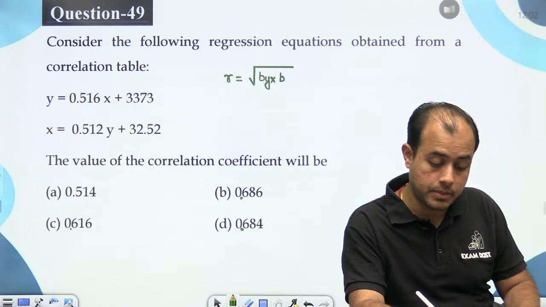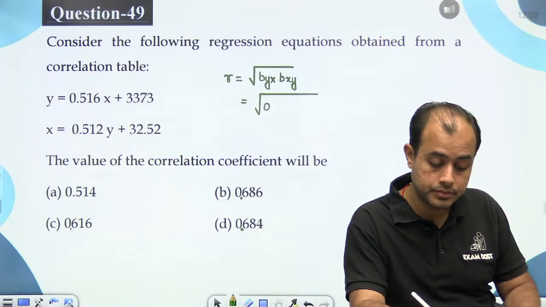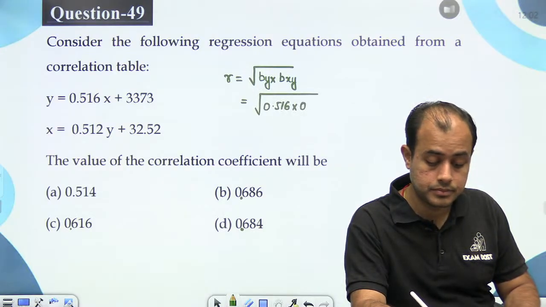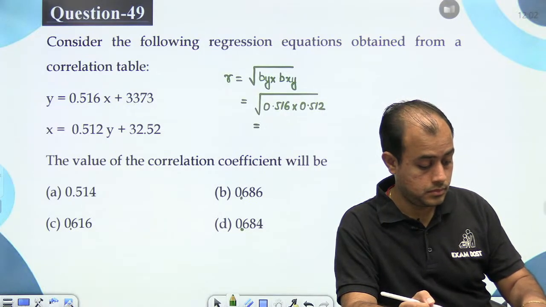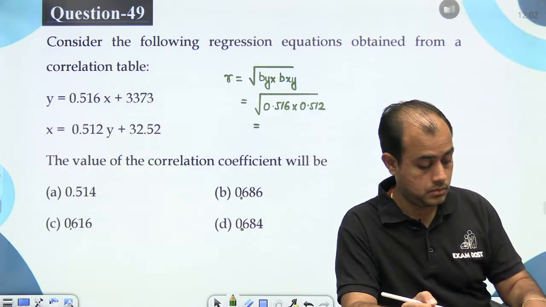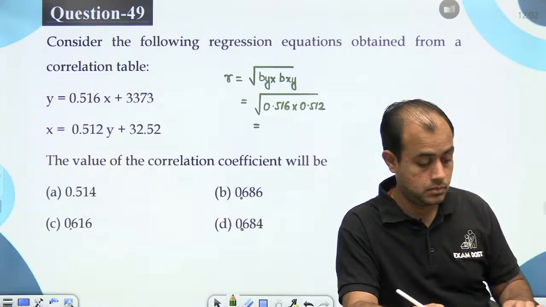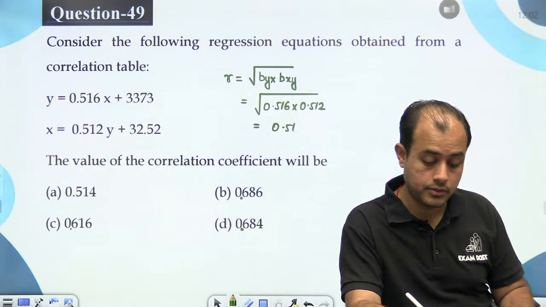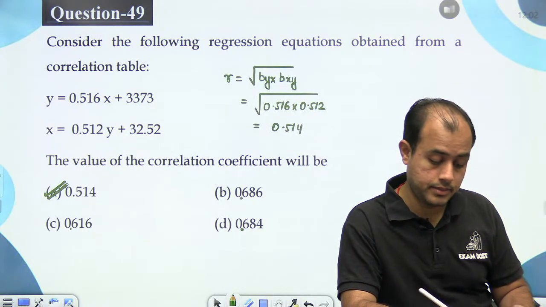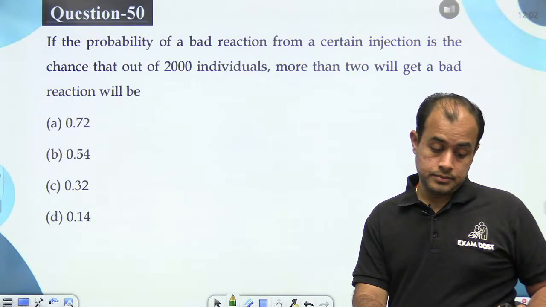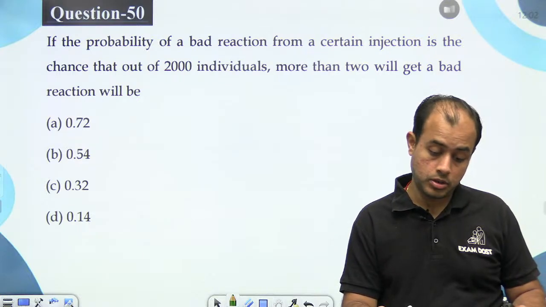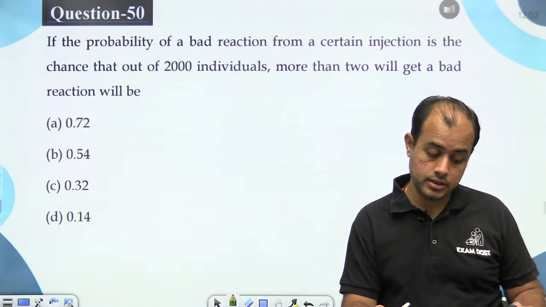It is the geometric mean of the two slopes. 0.514. More than 2 will get a bad reaction.